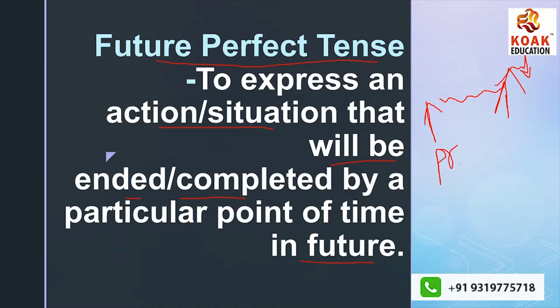It has not ended, but it will end at some point in the coming future; it will be completed by that time. By that point of time in future, the action will be completed. And that is when you use future perfect tense.